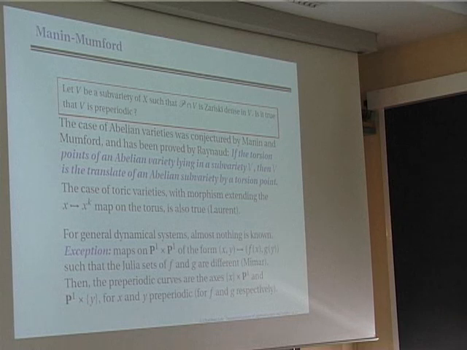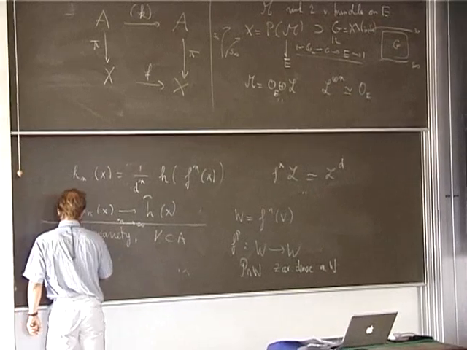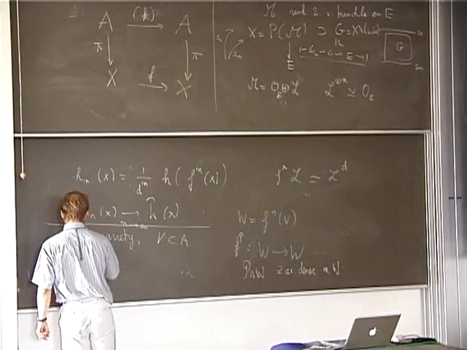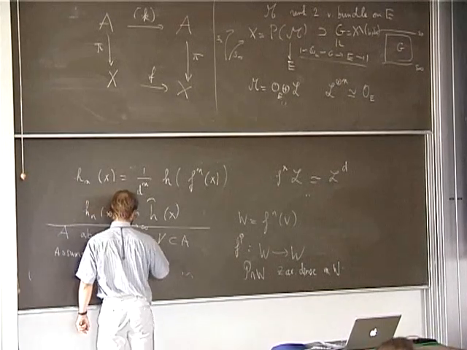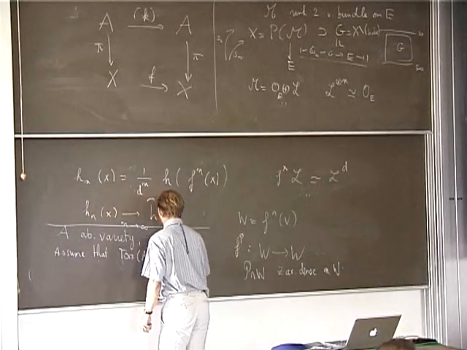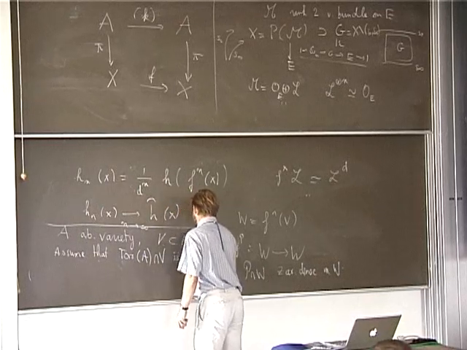You have an abelian variety A, a subvariety V. Assume that the set of torsion points of A lying in V is Zariski-dense.